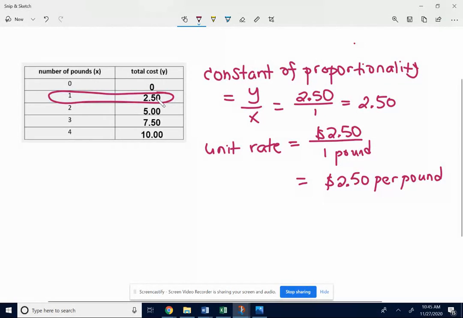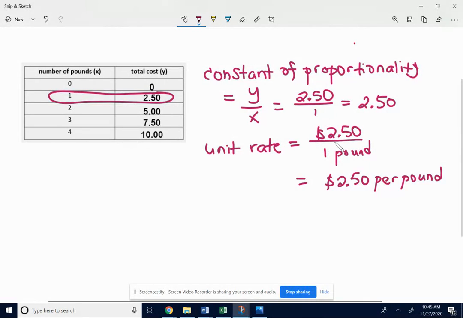So if I take 250 divided by 1, I'm going to get 250. Okay, $2.50. That's the constant of proportionality. And if I think about labels, it'd be $2.50 divided by 1 pound.